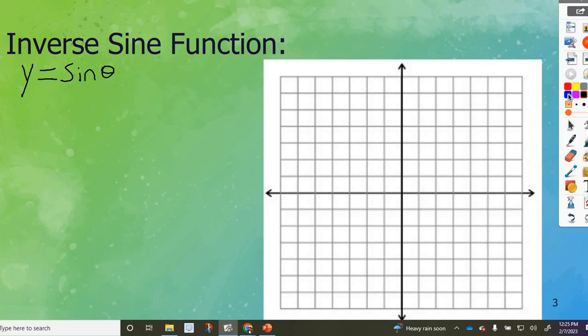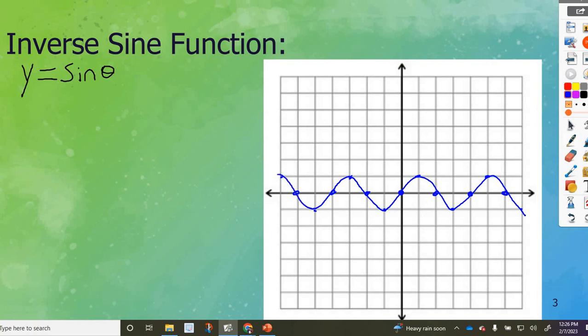However, recall that our graph starts at 0 and looks something like that.